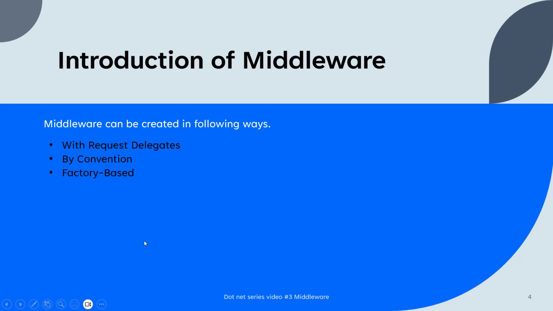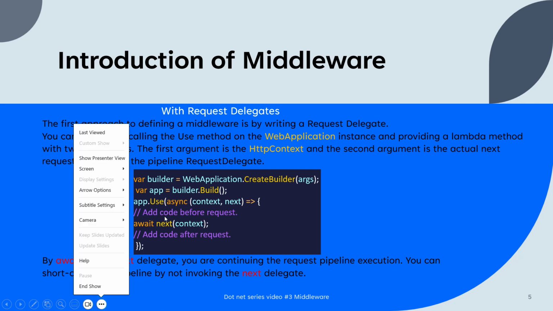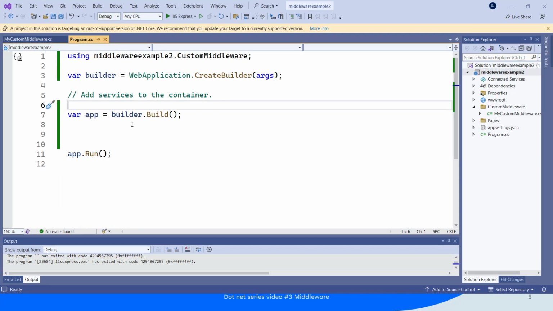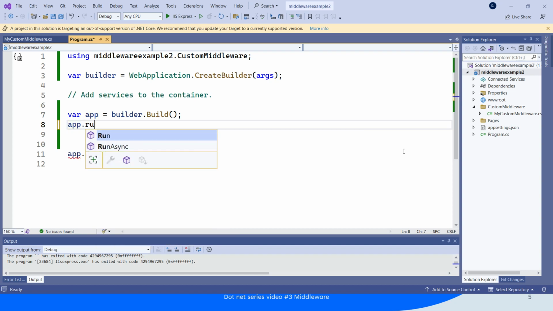So let's see how we can create a middleware with the request delegate, by convention or by factory base. Let's see it in code actually. Let's go to Visual Studio. Now we have app and builder. Let's see the example of middleware.